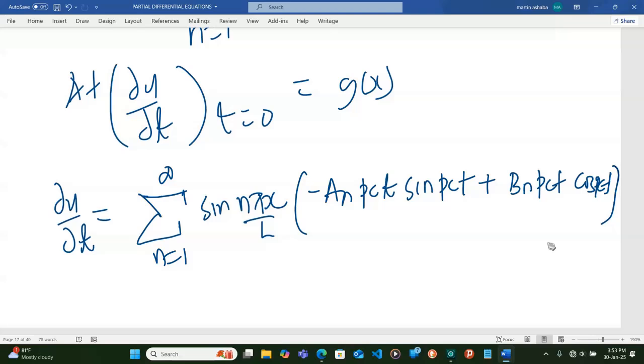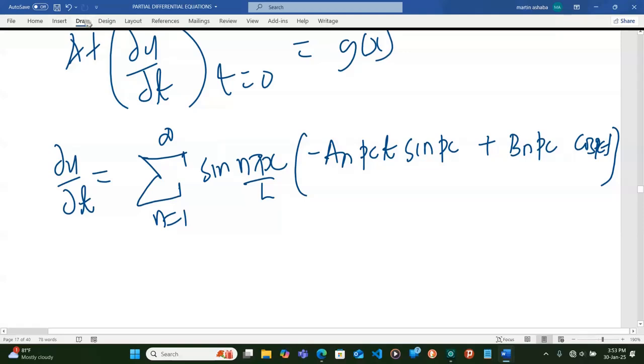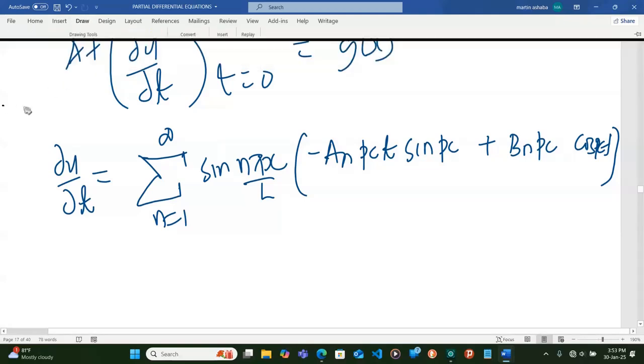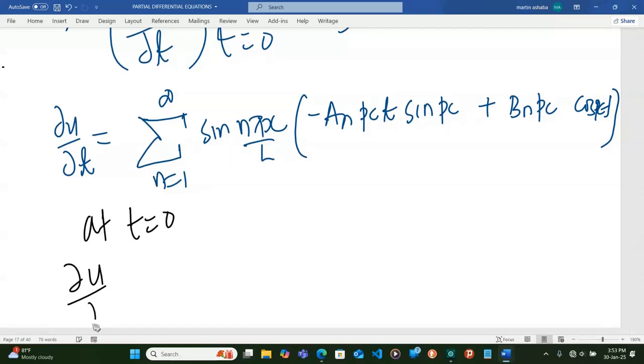Okay, so when we put in, this can't be pct because we have differentiated with respect to t. So the t will disappear. So let's put in now t is equal to 0 for this. So del u del t is going to be what?